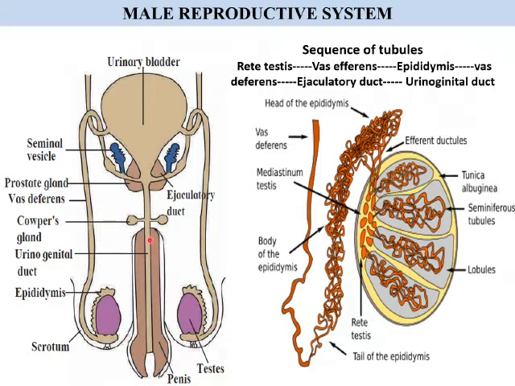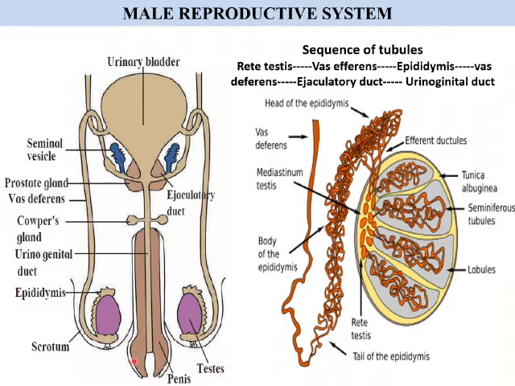Then it moves down and is given out through the penis. This is the path taken by the sperms. The semen is formed of sperms and the secretions of all the glands, and is finally ejaculated through the penis.